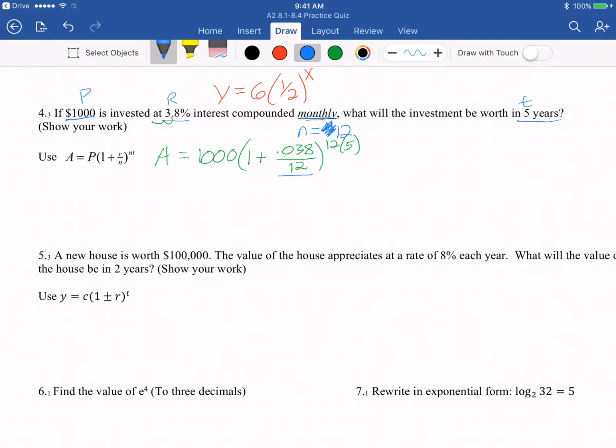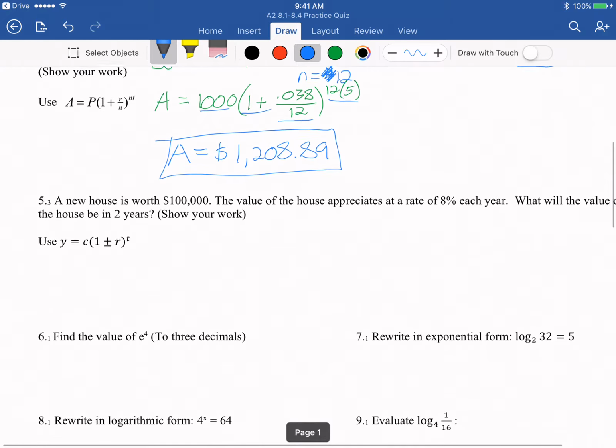I would do this first at 0.038 divided by 12, then add the 1, then raise it to that 60th power, and then multiply by 1,000. So if you get here, you should get your A is equal to approximately $1,208.89. All right, so make sure you know how to put that in your calculator, get that answer correctly.